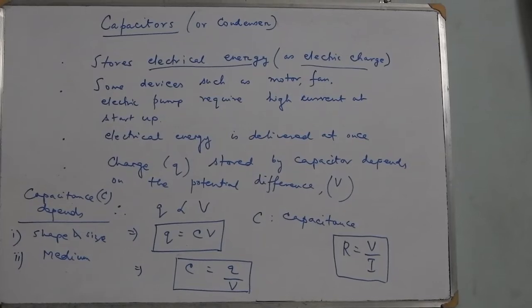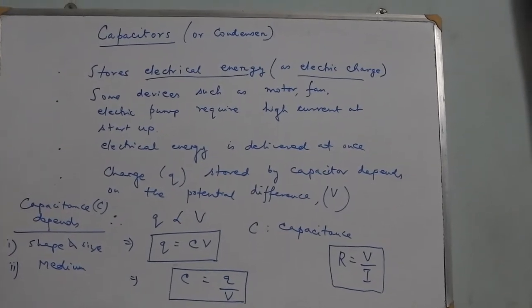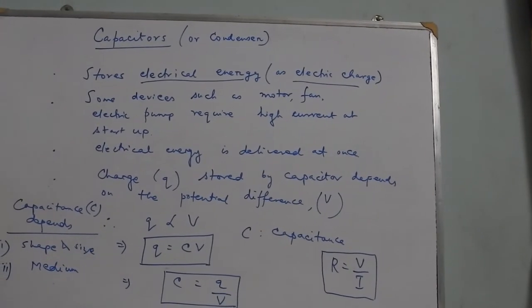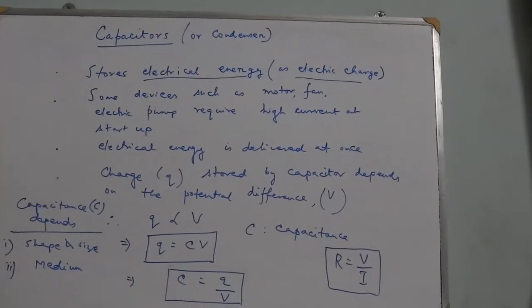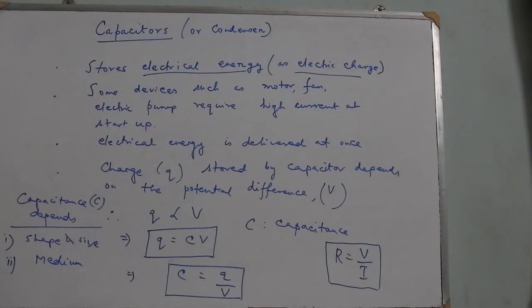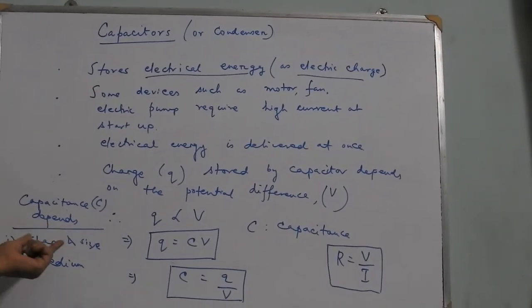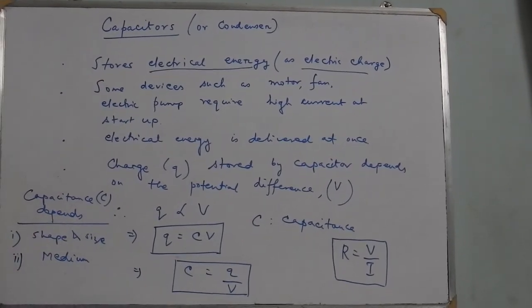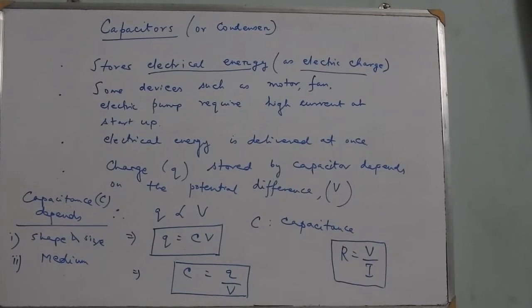We will realize after some time that the capacitance depends upon the area of cross section of the plates, it depends upon the distance of separation of the plates, and that's why I have said shape and size, and it also depends upon the medium separating the plates.